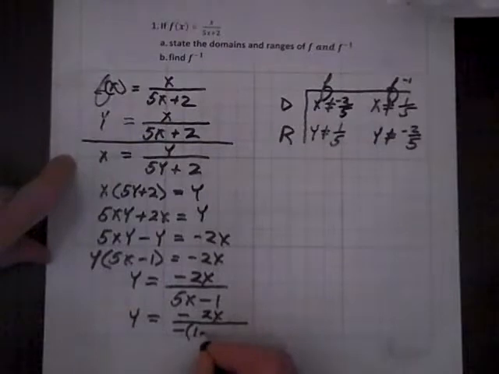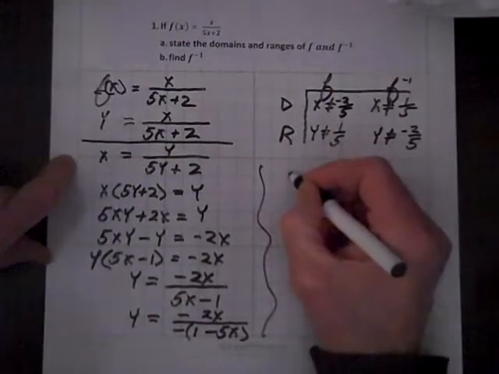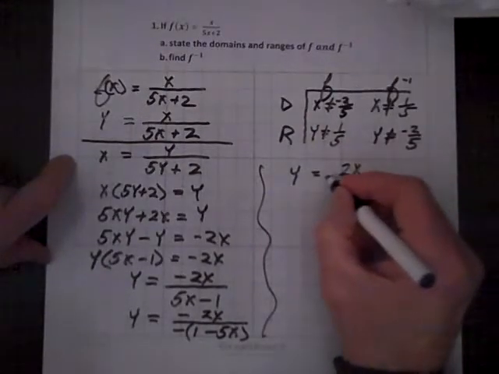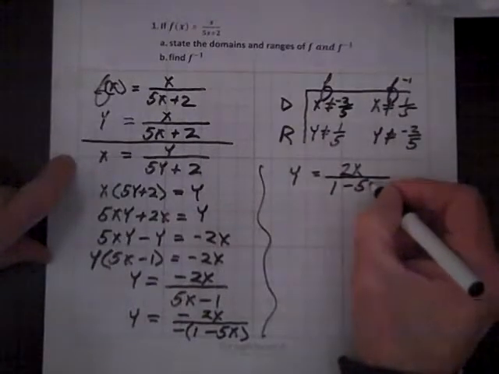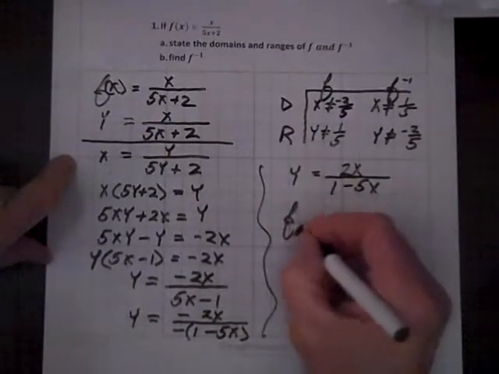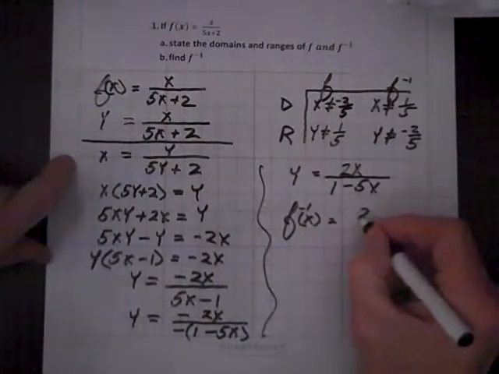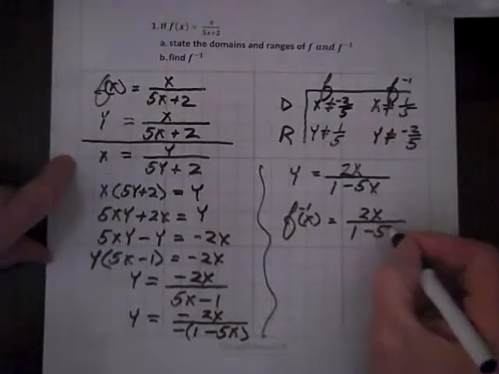Changing the sign on positive 5x, that'll be a negative 5x. And now the negatives divide out, and we get y equals 2x over 1 minus 5x. So f inverse, we're going to claim f inverse of x equals 2x over 1 minus 5x.